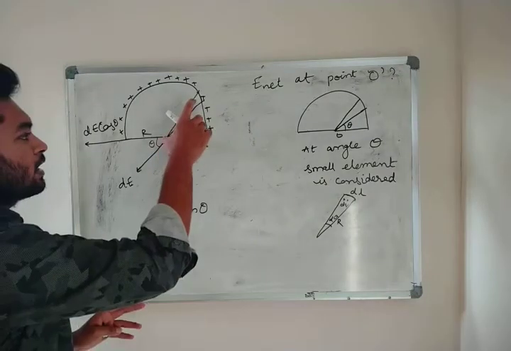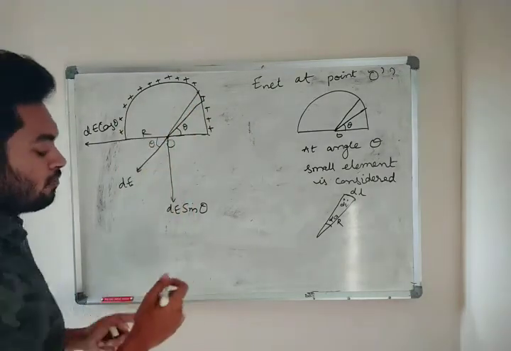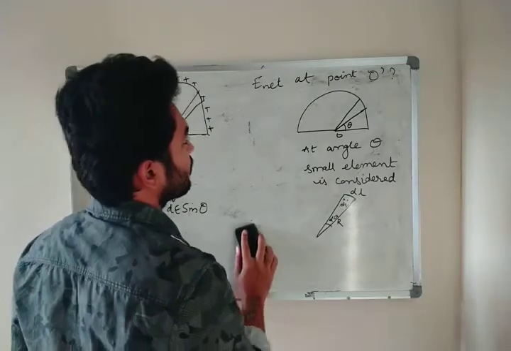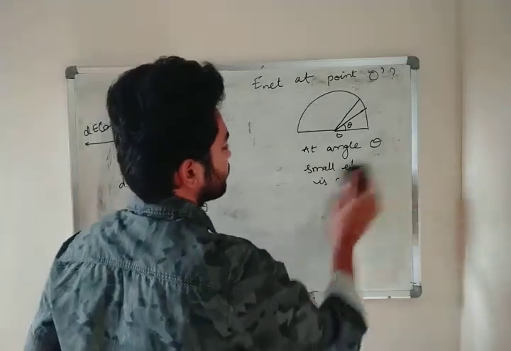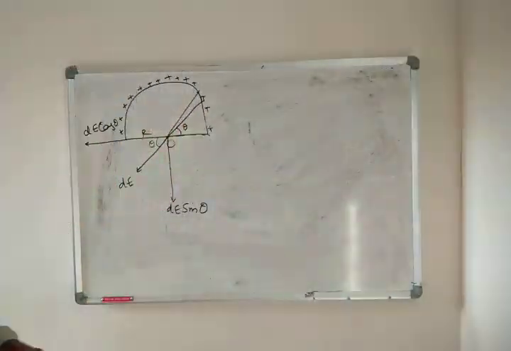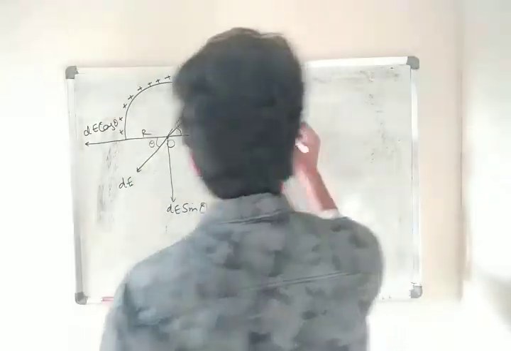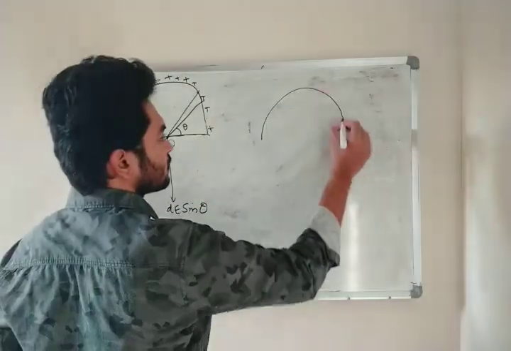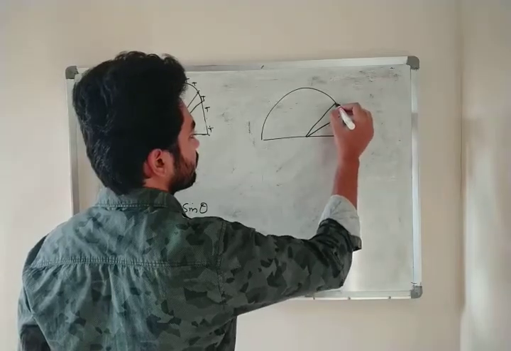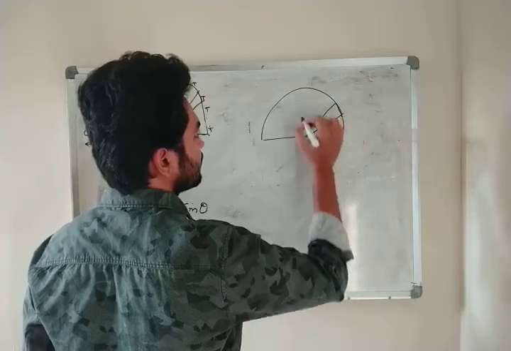Now in the same diagram, this is the part we have considered as d theta.